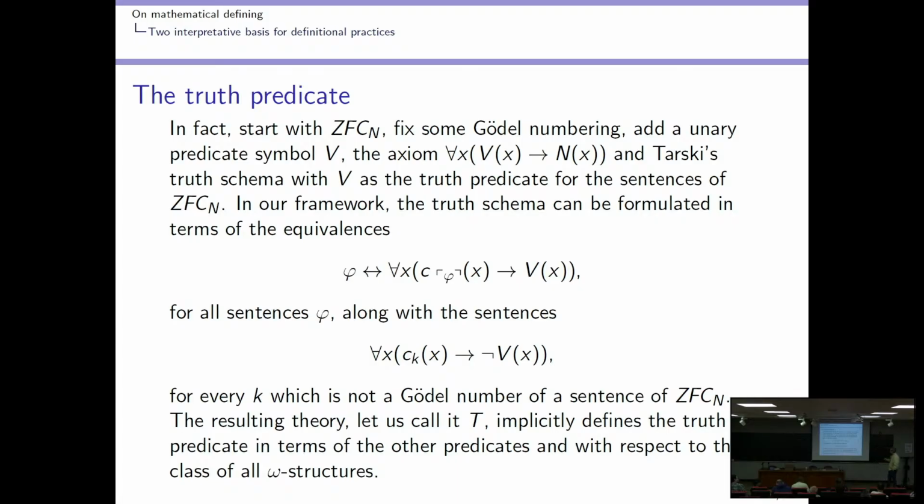All elements in V must be standard, right? In the omega structure setting. So this schema guarantees in every model that V is just picking the true sentences of the model.